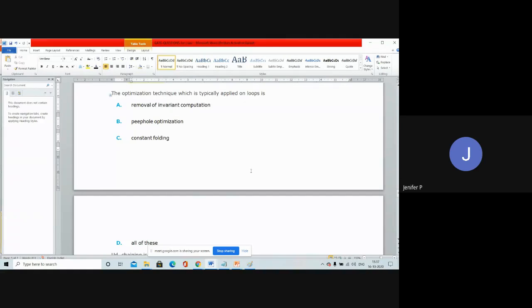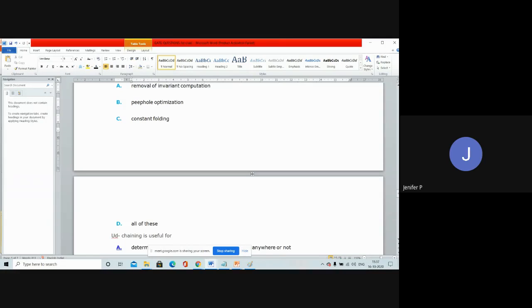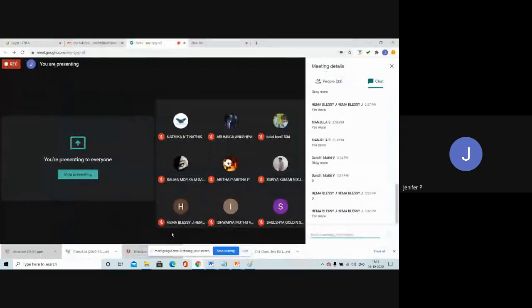We saw loop optimization, three techniques. The options are removal of invariant computation, peephole optimization, constant folding, and all of these. Actually, many techniques can be applied on loops, but particularly we can go for three techniques. Can anyone post your answer?